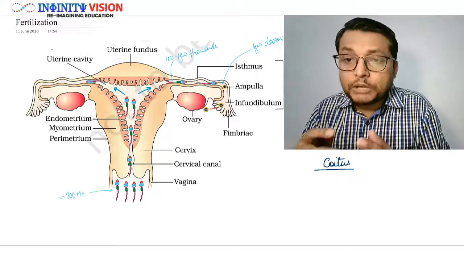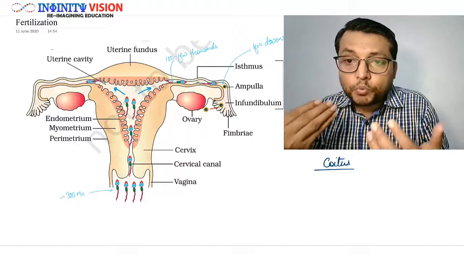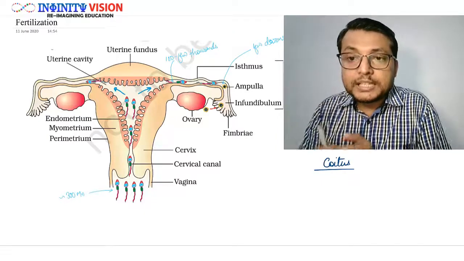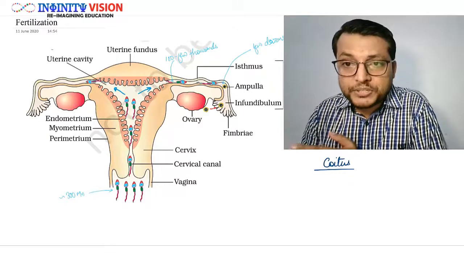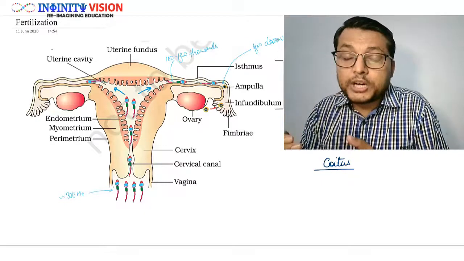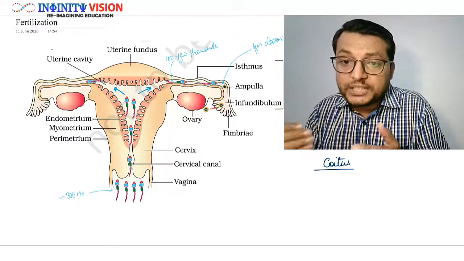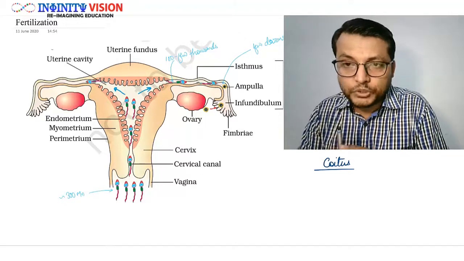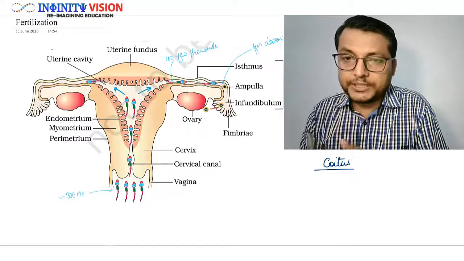During coitus, the male deposits the semen into the female's body with the help of external genitalia, to be precise, with the help of the penis.